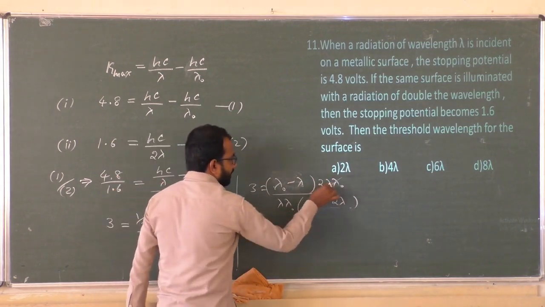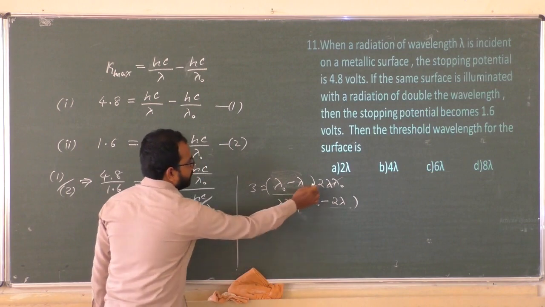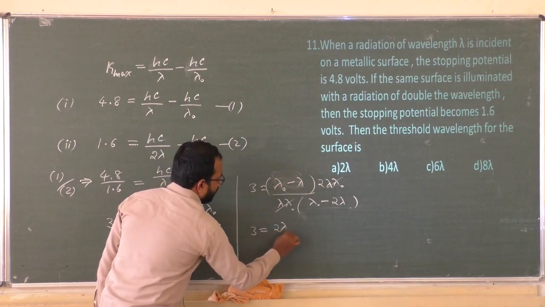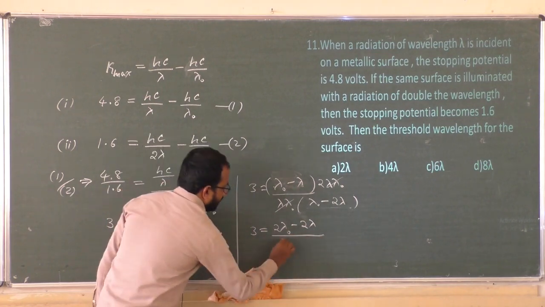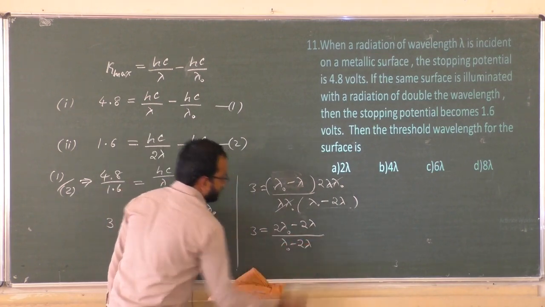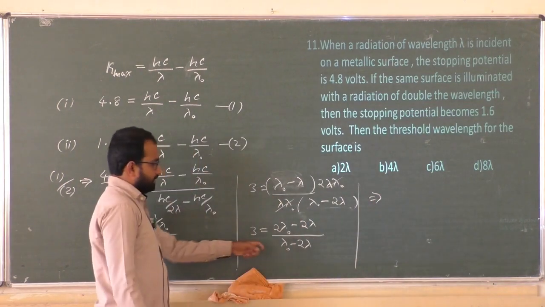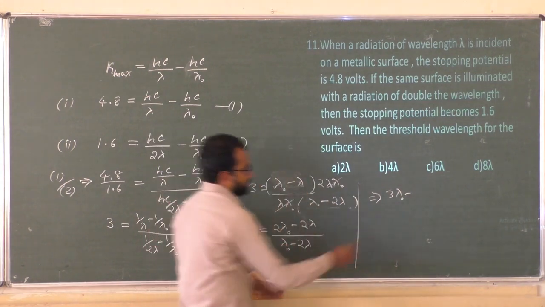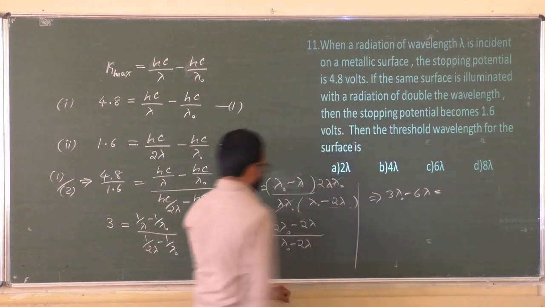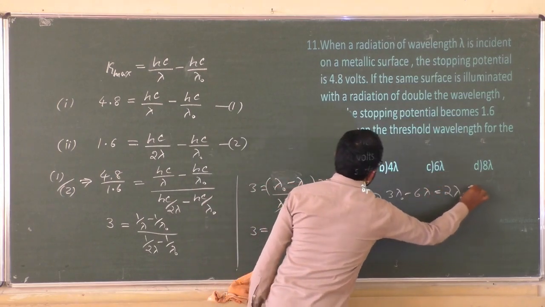So lambda into lambda naught is getting cancelled, so this becomes 3 is equal to 2 lambda naught minus 2 lambda divided by lambda naught minus 2 lambda. Let's simplify, which implies 3 lambda naught minus 6 lambda is equal to 2 lambda naught minus 2 lambda.